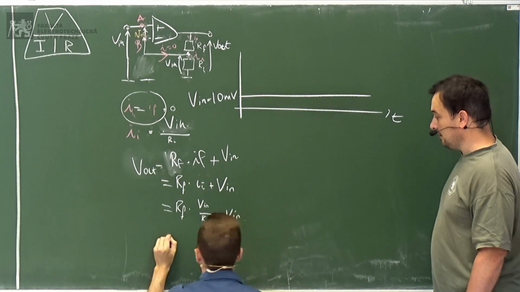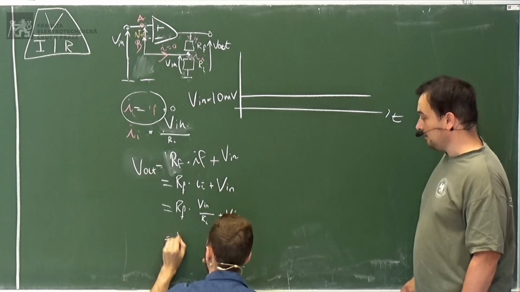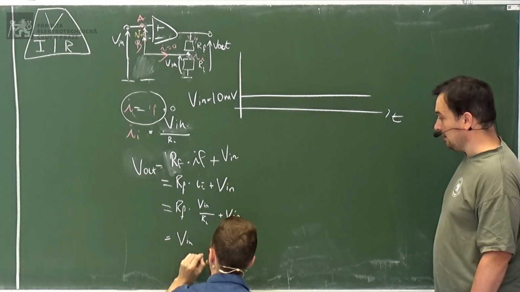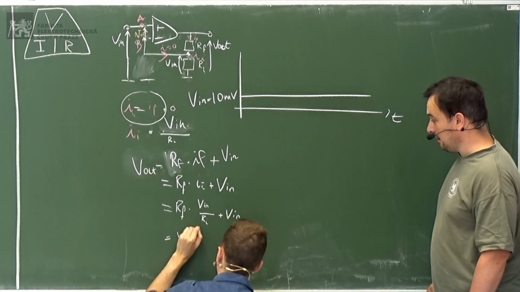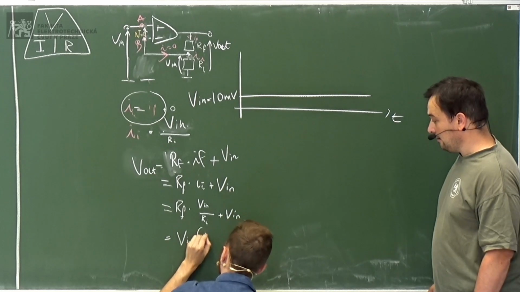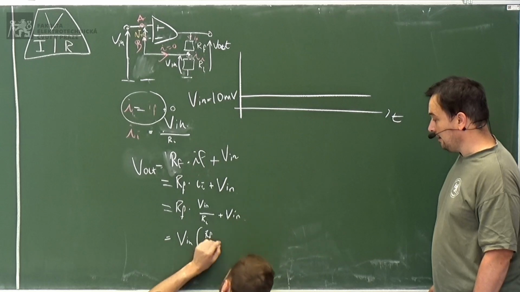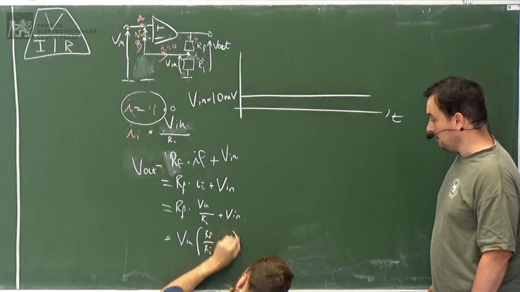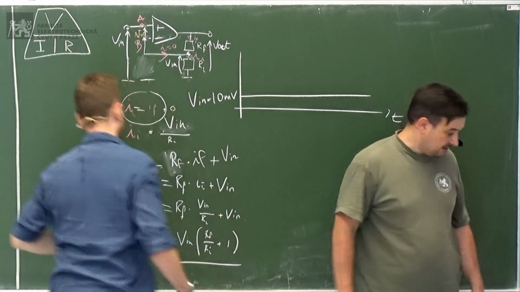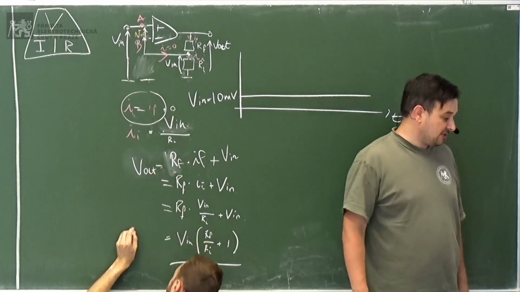Therefore you get V input times RF divided by RI plus 1, and Bob's your uncle. On the screen we can read it.